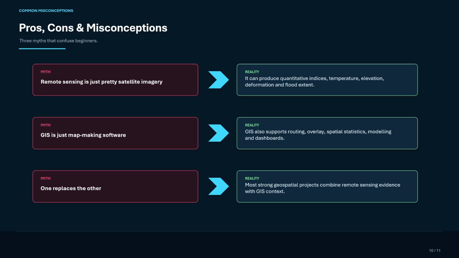GIS supports spatial analysis, routing, suitability modeling, dashboarding, exposure analysis, and decision support. Third, one does not replace the other. In most strong geospatial projects, remote sensing provides observation and measurement, while GIS provides integration, context, and analysis. A good professional should understand both, even if they specialize more in one side.